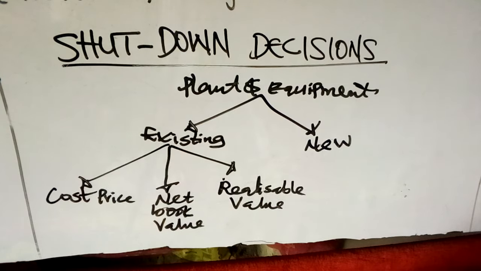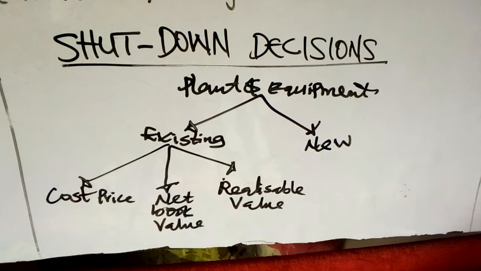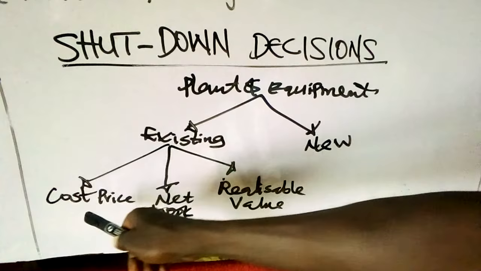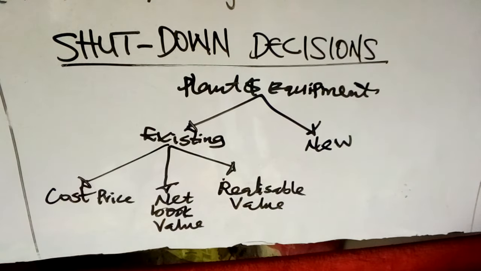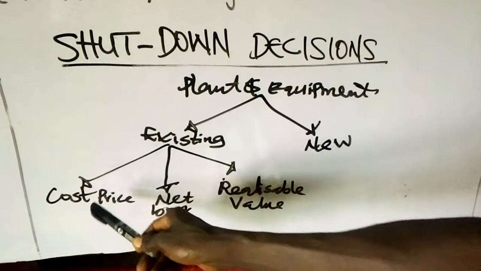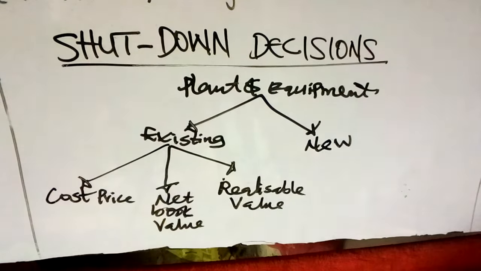Notice existing equipment has been bought sometime in the past. The amount it was bought for at the time of purchase is known as the cost price. Cost price is the original purchase price. Since it has been bought sometime in the past, remember I told you earlier that relevant costs are future costs, and that past costs are not relevant.